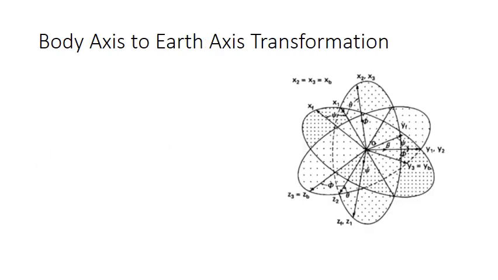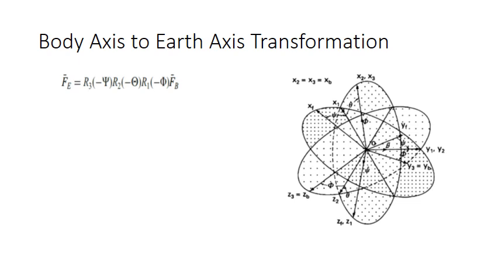In going from the body axis system to the Earth axis system, we go through minus phi rotation, then minus theta rotation, then minus psi rotation.